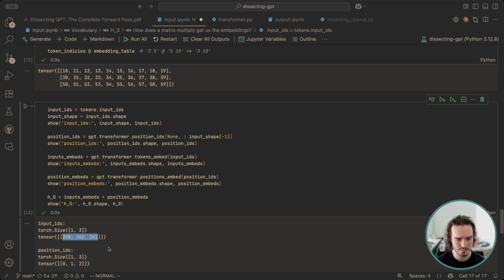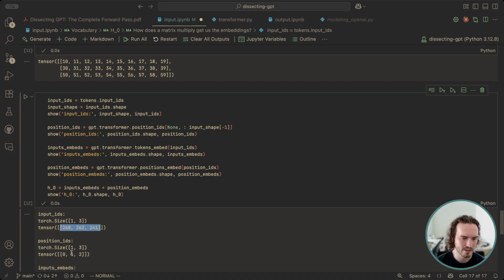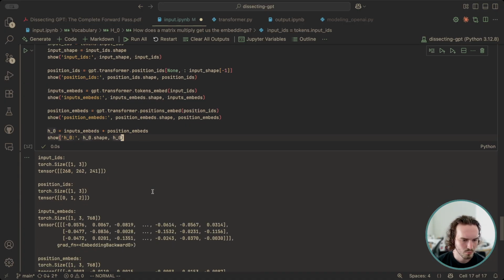Because we have 3 elements in our tensor, we are going to have position IDs 0, 1, and 2. So essentially we're saying, okay, we have these 512 slots that we can fill. We have 0, 1, and 2. And with that, that gives us what we need to actually access the embedding matrices.